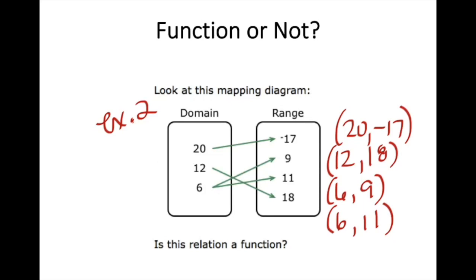Okay, so check your ordered pairs compared to mine. Take a look at our domains. Do any of my domains repeat? Hopefully you notice that I have a repeating domain. So no, this is not a function.